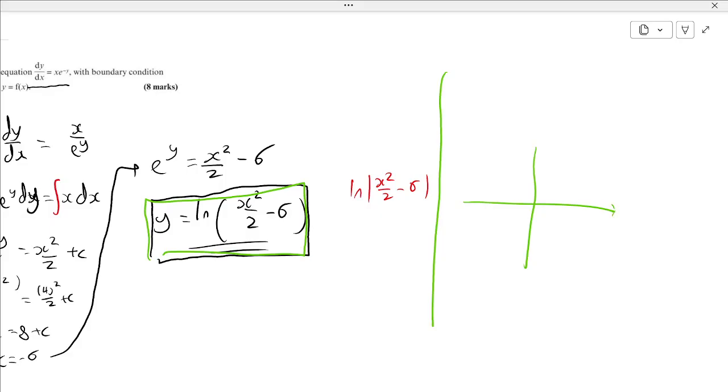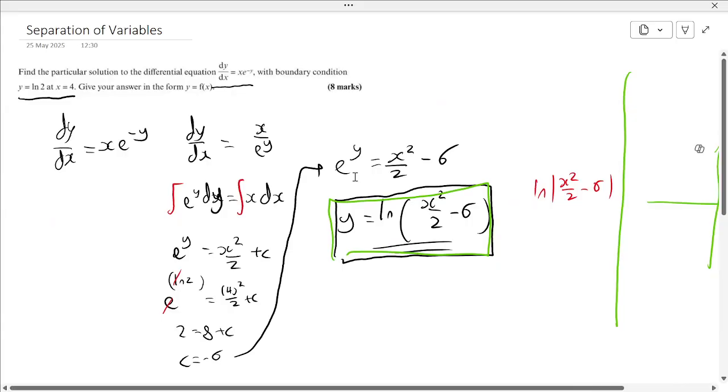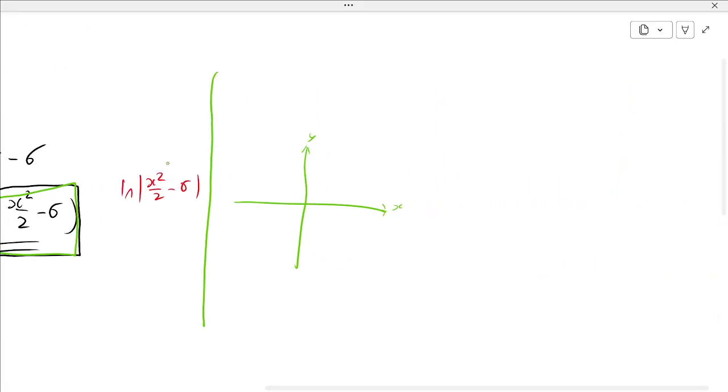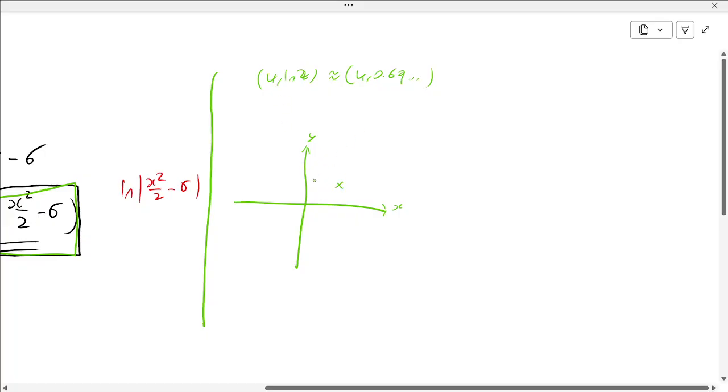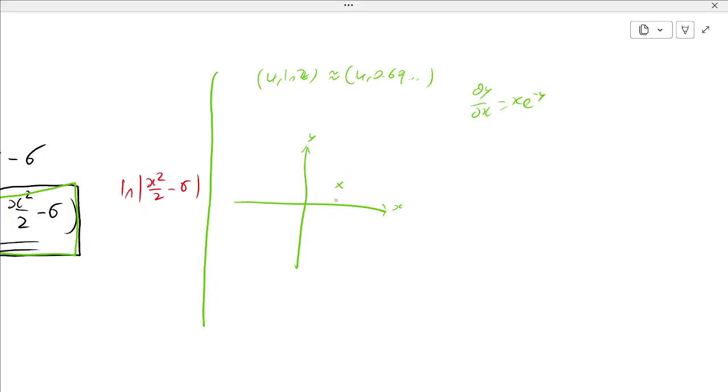We've got our x and our y, and we've got our starting point. It was x equals 4, y equals ln 2, and ln 2 is roughly 0.69. So we start somewhere around here, and this differential equation describes the kind of curve that the point can take from the starting point.